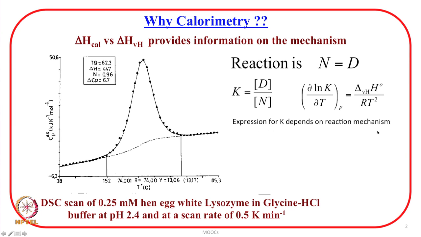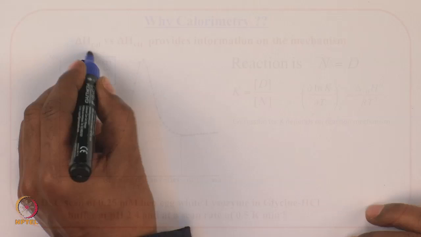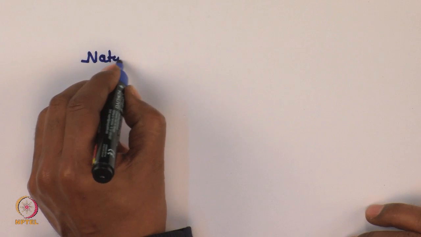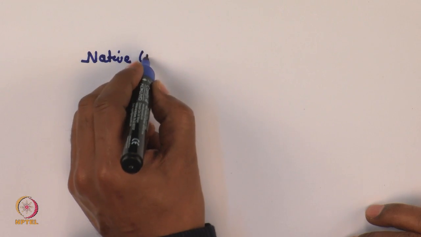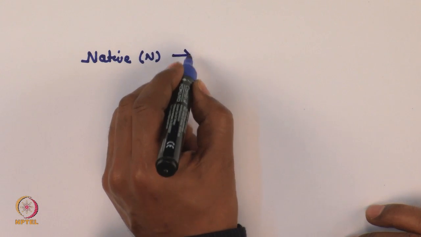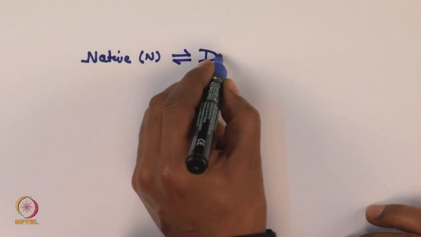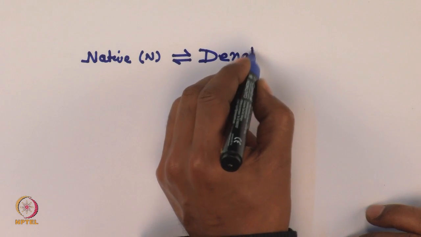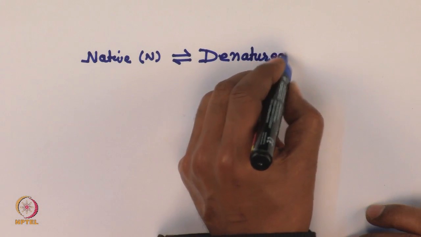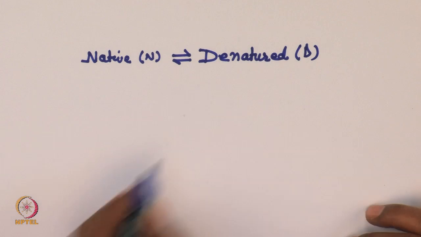Expression for K depends on reaction mechanism. We are talking about the native state of the protein N and its equilibrium with the denatured state, which is D.